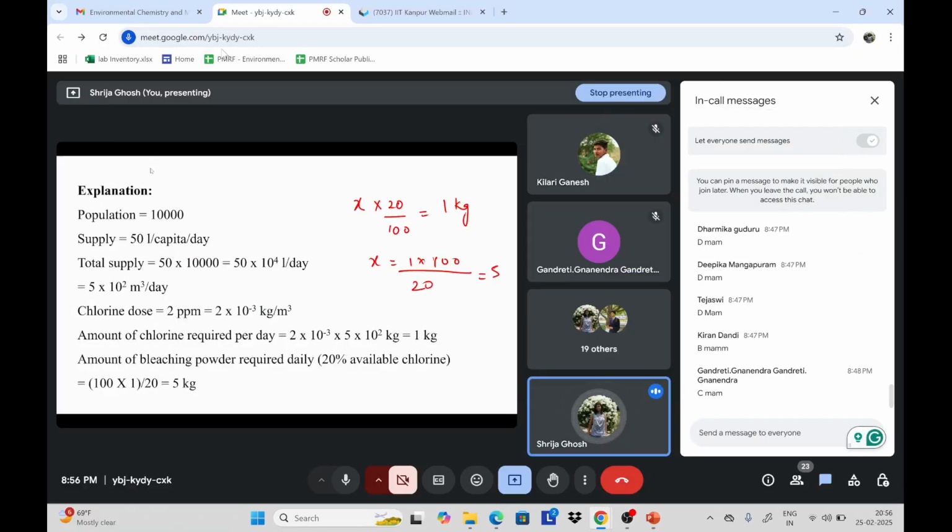This question is clear to everybody? If anyone has any doubt, please ask. Everybody understood the solution? Do you have any doubt?